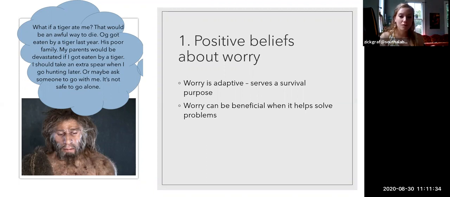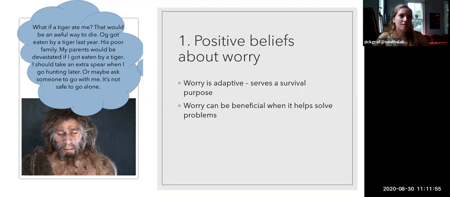And they're not completely wrong, because like most behaviors that humans universally engage in, worry does have an adaptive function. It probably served a survival purpose for our ancestors by helping them think about potential dangers they might face in the future and prepare for those dangers.